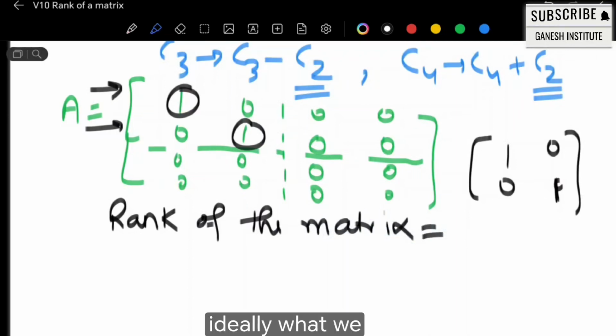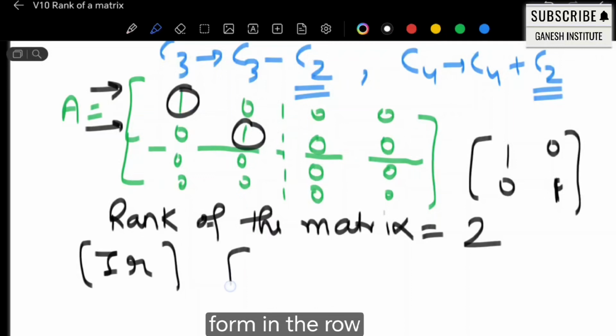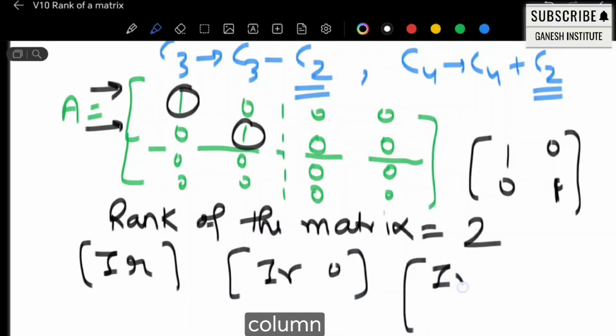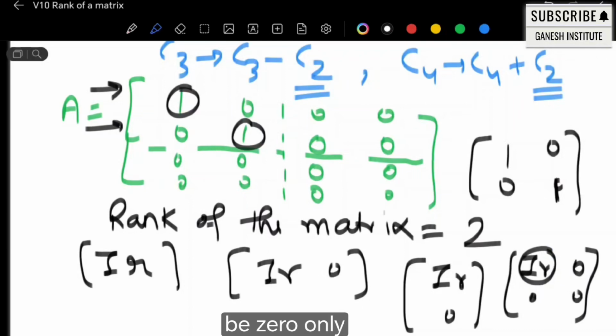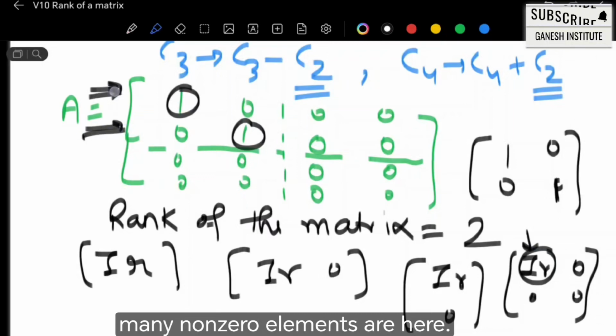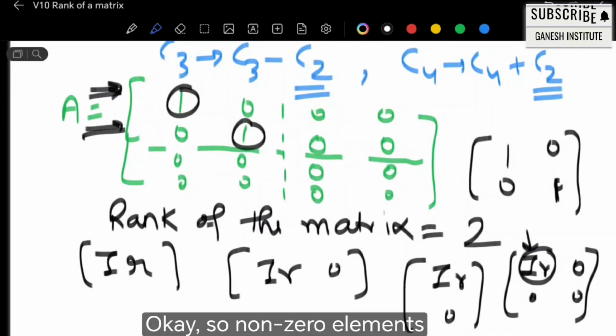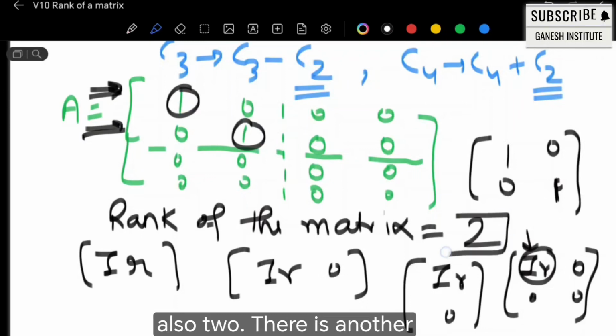Because ideally what we wanted was the matrix to be either in this row form or column form, with rest all elements being 0. Only the identity matrix has to be formed, and we need to check how many non-zero elements are here. So non-zero elements 2, hence the rank of the matrix is also 2.